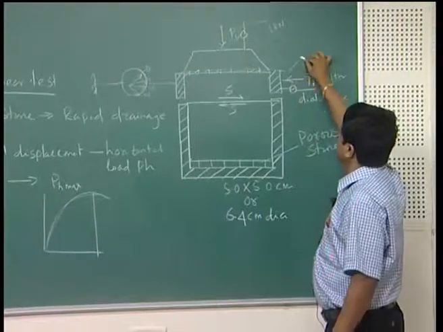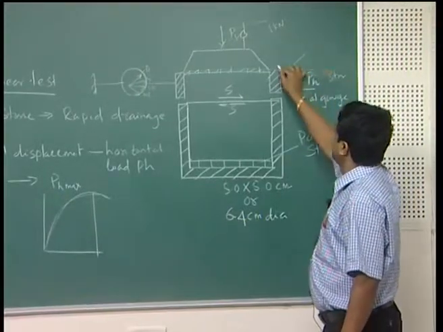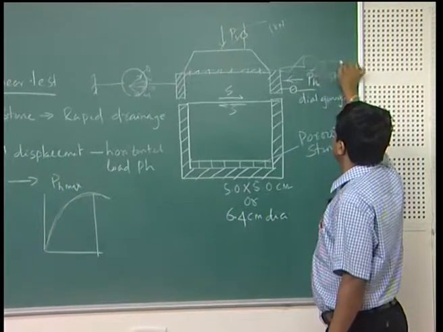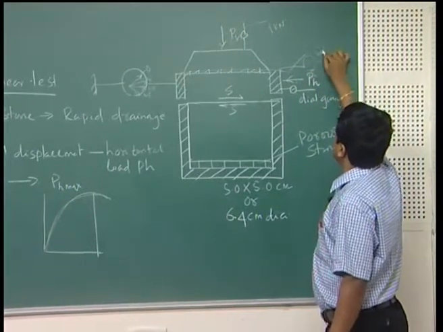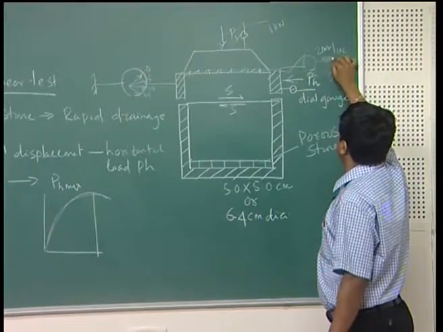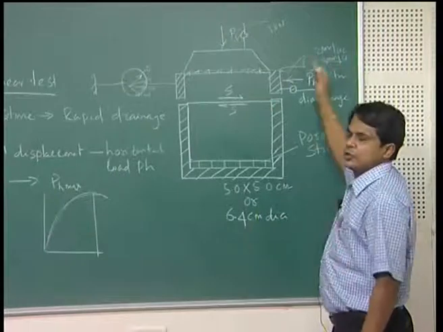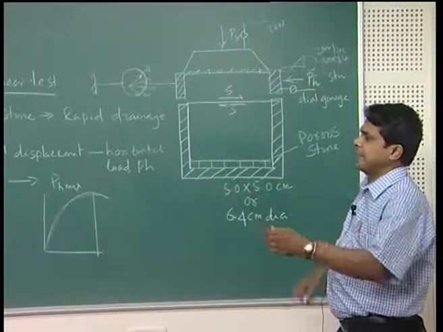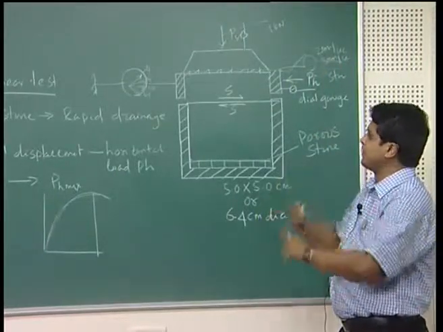There is a motor here that gives a constant rate of displacement, say 2 mm per second or 3 mm per second, so the motor will go 2 millimeter per second.